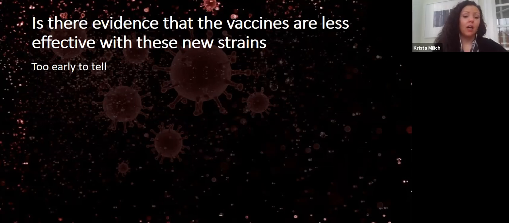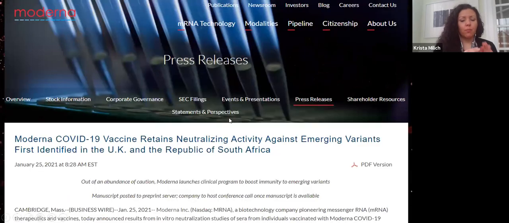Okay, so as many of you have asked, is there evidence that the vaccines are less effective with these new strains? The short answer is it's too early to tell, but I'll try and dive into this a little bit more. Moderna actually has a press release that's specifically related to the UK and the South African variants. A lot of what I'm going to show you about the vaccines and these new strains is going to focus on the B117 strain from the UK, and then the variant of concern from South Africa.